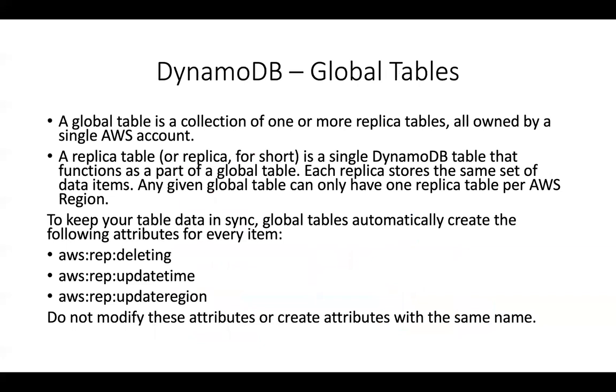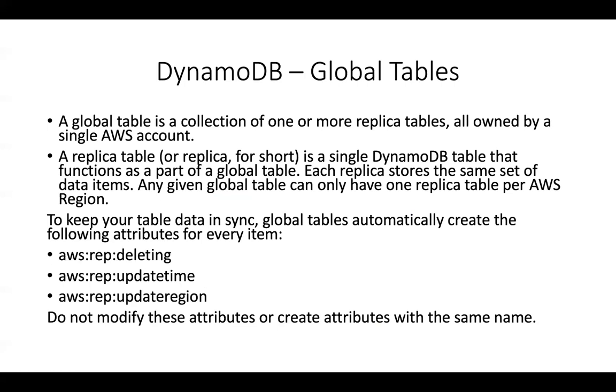So a global table is a collection of one or more replica tables, all owned within a single AWS account. A replica table is nothing but a single DynamoDB table that functions as part of a global table. And each replica stores the same set of data items, right? And DynamoDB streams is a prerequisite that you'll have to enable in order to enable global tables, right? So in order to keep all of your data tables in sync, these are the three attributes that are added for every item.